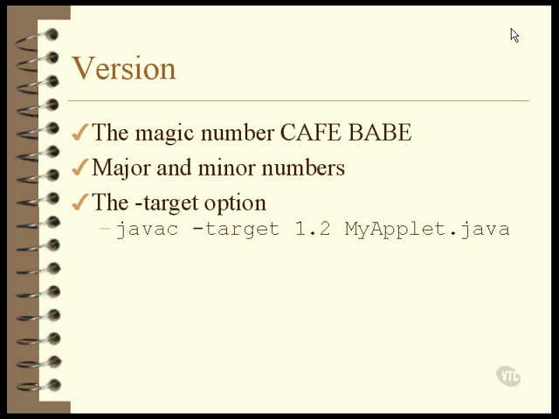Actually, 1.2 is a pretty good version to choose because virtually every web browser that is capable of running Java has version 1.2 or later installed. Also, version 1.2 is the first of the Java 2 series, so it has most of the capabilities of the newest versions of Java. The only thing missing is some of the more advanced classes, and the odds are very good that you're not using any of those anyway.